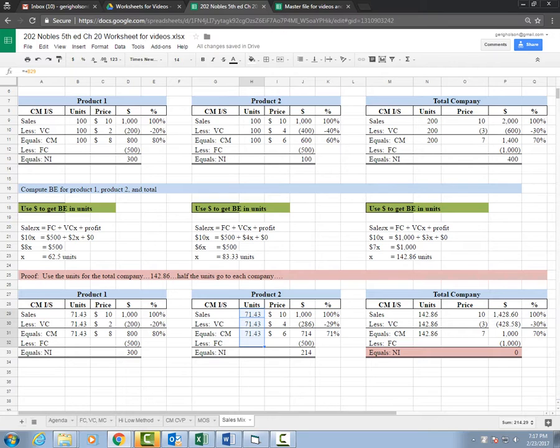Then I work out my contribution margin income statement. I really only need to work it for the total company. So the 142 units, I'm going to use my 10, 3, and 7 from above. And it works out to where net income is 0.